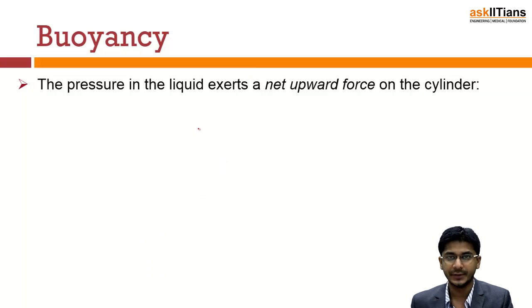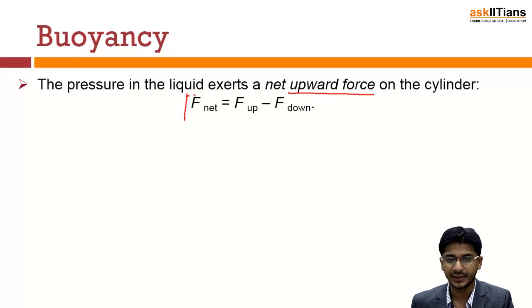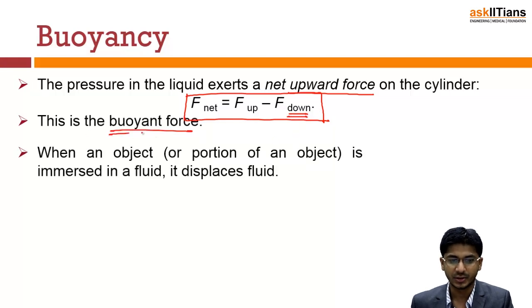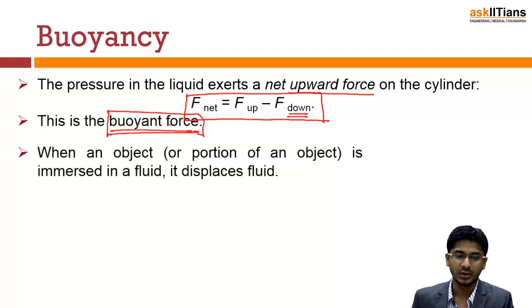The pressure in the liquid exerts the net force upward on the cylinder. The magnitude of this net force is the force acting in the upward direction at the bottom face, minus the force acting on the top face in the downward direction. This net force is called the buoyant force.